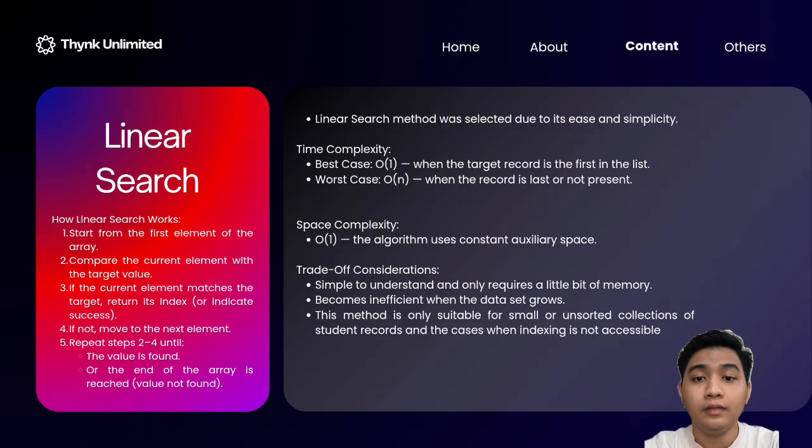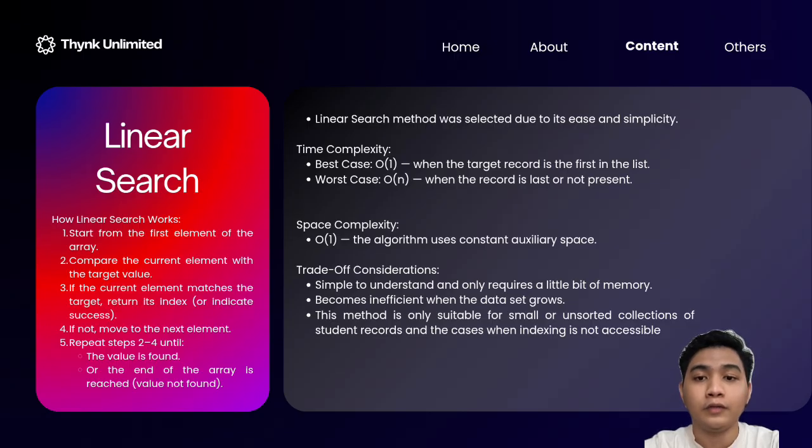For our context, linear search is most useful when student records are stored in unsorted or sequential files, such as temporary logs or backup data. It may also be used during the early development phase of a system before data indexing is implemented.